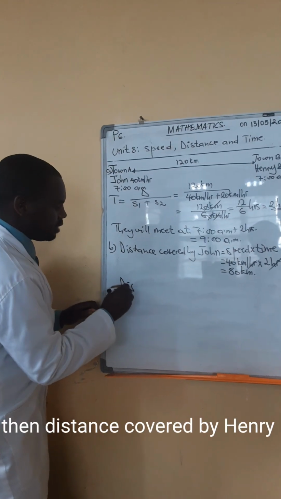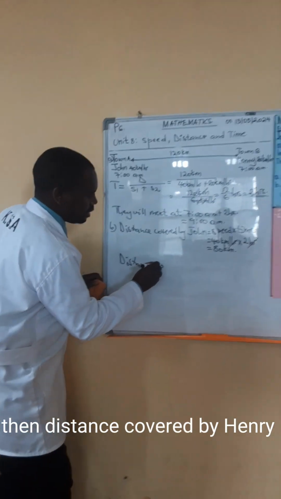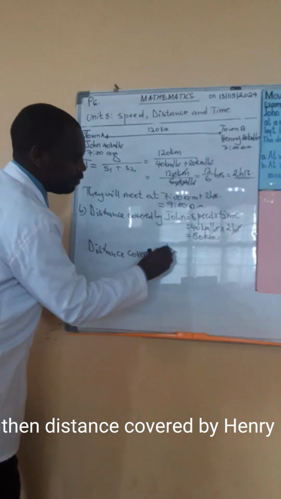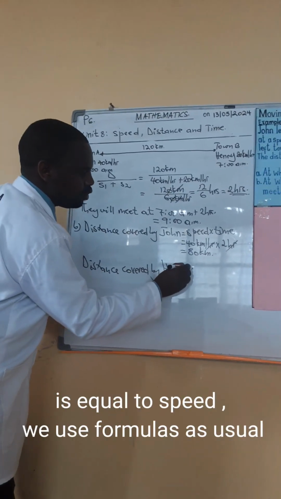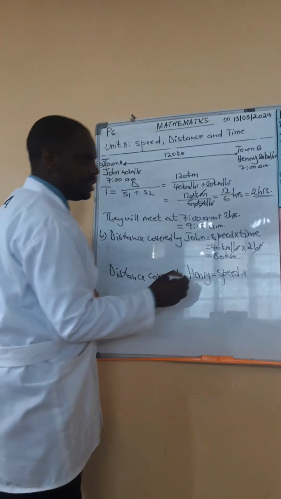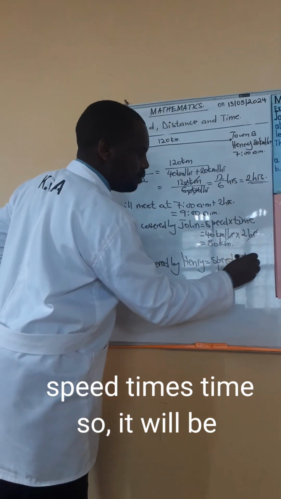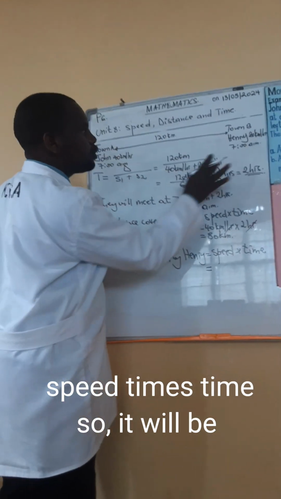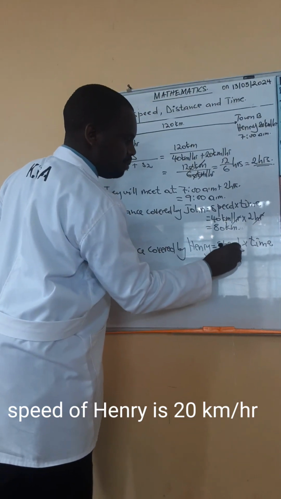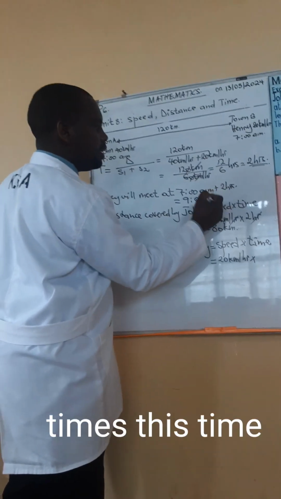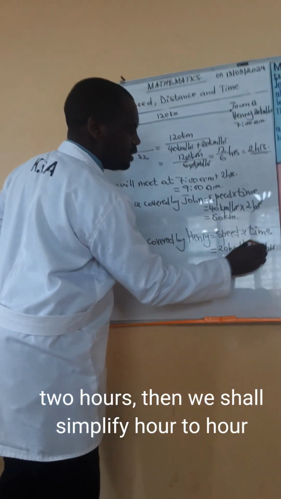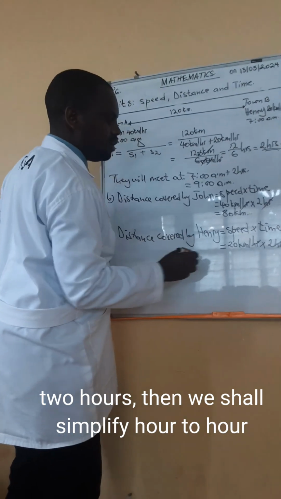Then distance covered by Henry is equal to speed. We use formula as usual, speed times time. So it will be speed of Henry is 20 kilometer per hour times the time, 2 hours. Then we shall simplify hour to hour.